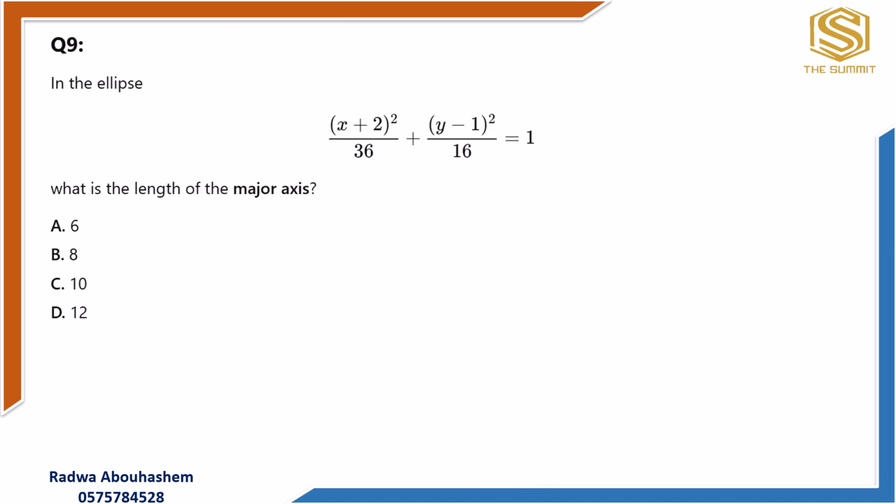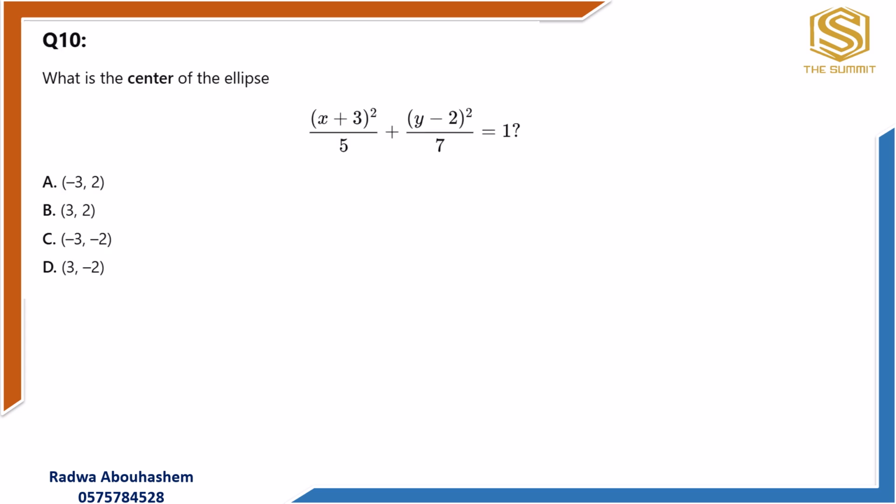Okay, what is the length of the major axis? Major axis, of course, is the greater, so 36 equals a power 2. So a equals 6, and the major axis equals 2a, so 2 times 6 equals 12. What is the center of the ellipse? Center, h and k. Here is the h, and here is the k, but we have to change the sign.